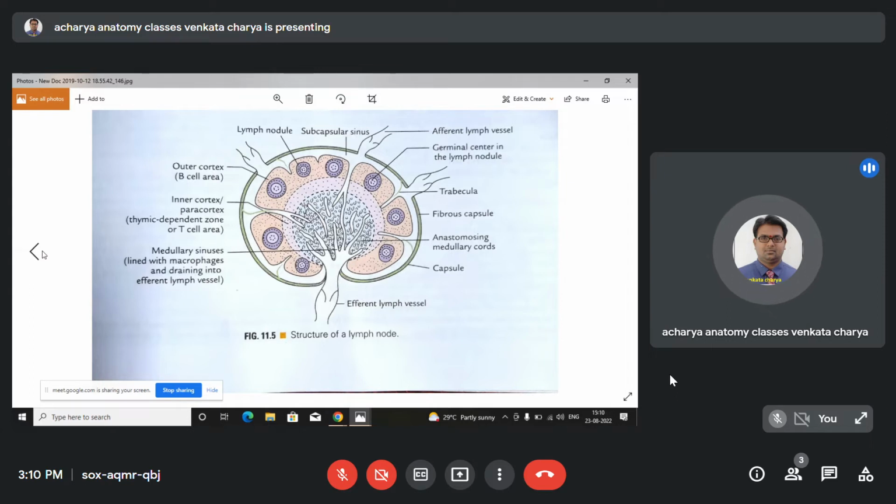Whenever we discuss only one lymph nodule, here we get the germinal center. Germinal center means germination and development, the development of the lymph.